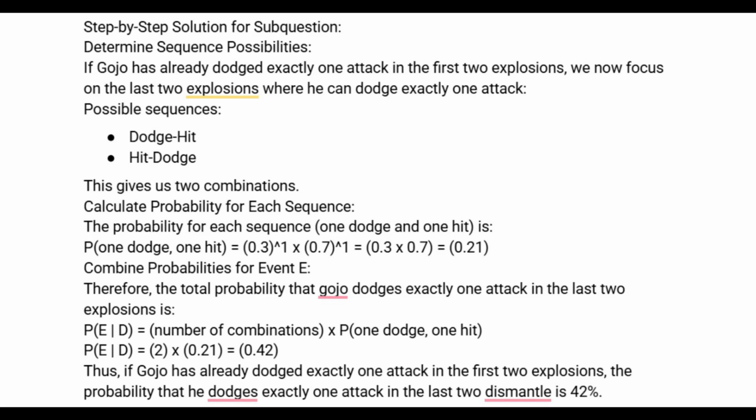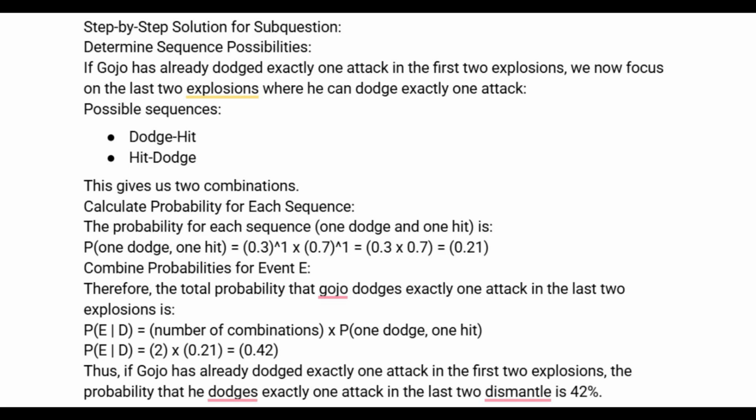First, determine the sequence of possibilities. If Gojo has already dodged exactly 1 attack in the first 2 explosions, we now focus on the last 2 explosions where he can dodge exactly 1 attack. The possible sequences would be dodge hit and hit dodge. This gives us 2 combinations.